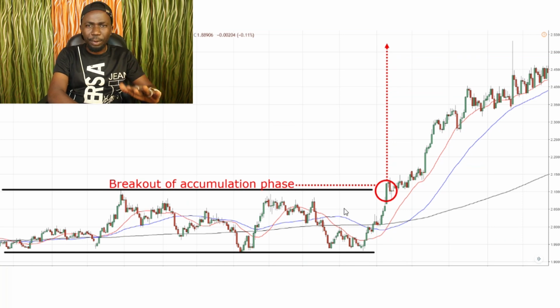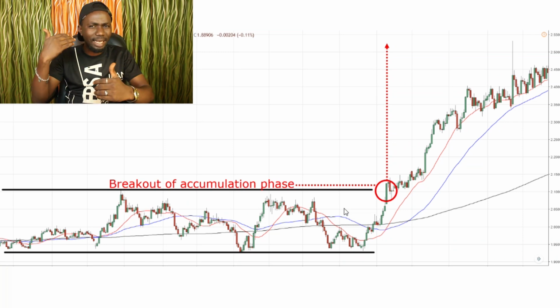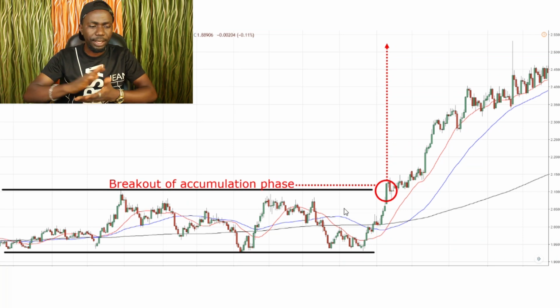So in this process, we call it the accumulation stage, where the market is ranging in a downtrend, right? Because sometimes if the market is in a downtrend, it gets to a point where the market will get to a low and will start ranging, right? So when price is ranging at a downtrend, it means the market is in an accumulation stage.